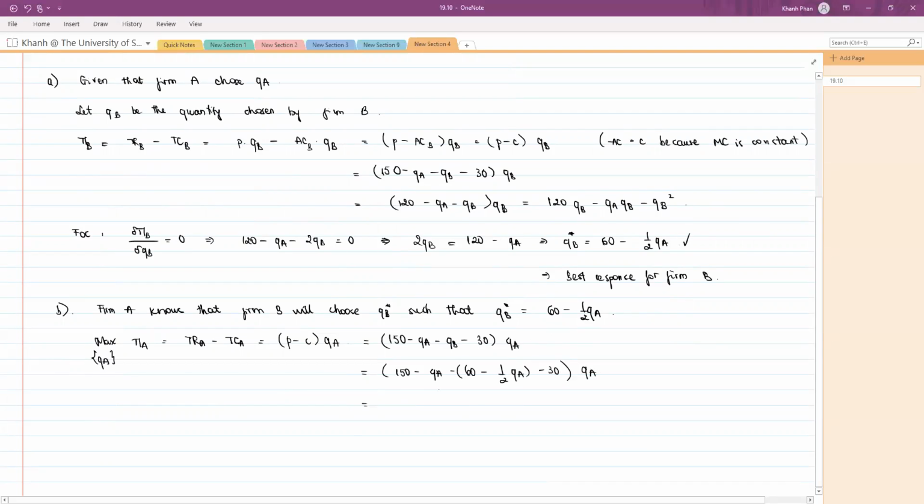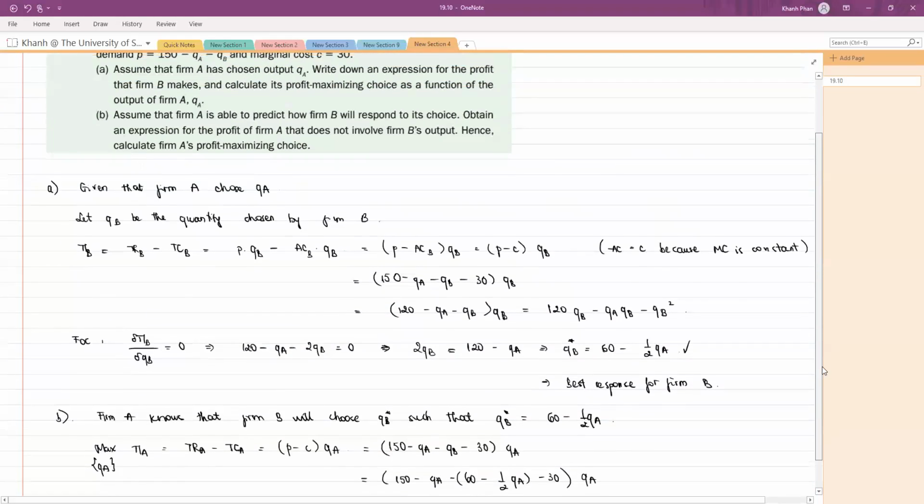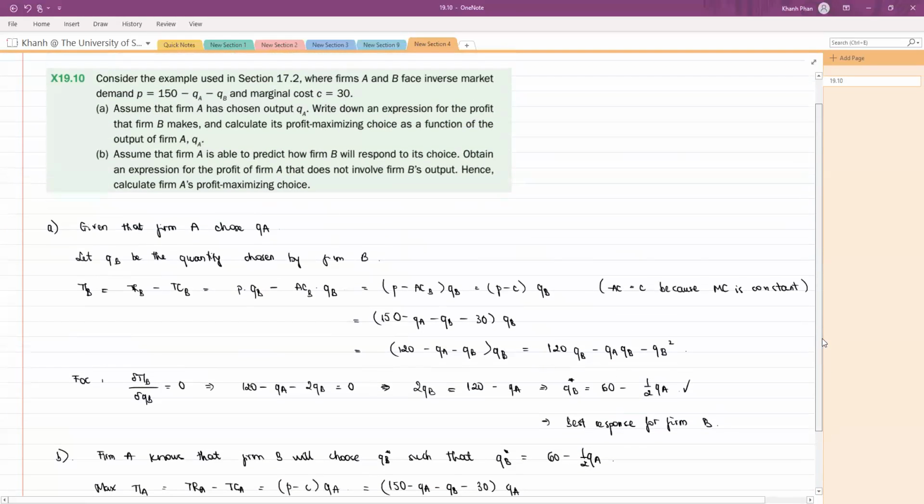If I simplify this, expand the bracket, I get 150 minus 60, which is 90, and minus 30, which is 60 left. Negative QA minus becomes plus half of QA, which gives me negative half of QA, times QA. So that is 60 QA minus half of QA squared. So I got an expression for firm A's profit with QB no longer in it, because I already substituted QB away.